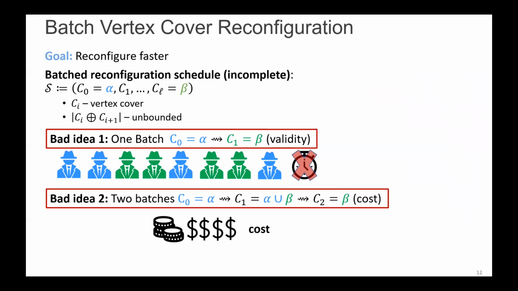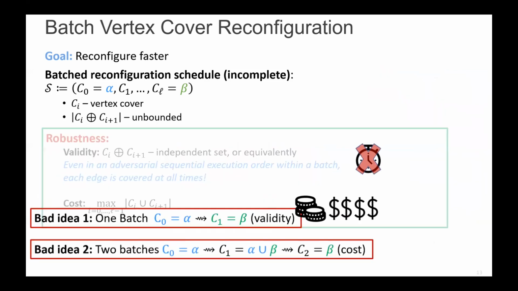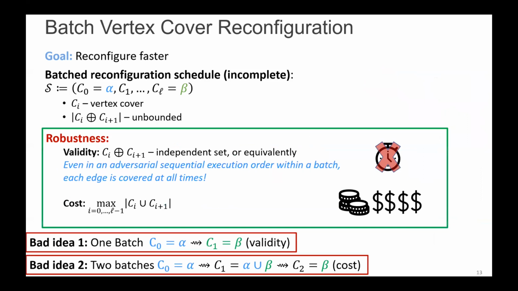So what's our definition of a batch reconfiguration schedule to obtain both of these? So a batch reconfiguration schedule, and now it's actually complete, not incomplete, is a reconfiguration schedule where after each batch, we have to output the vertex cover.